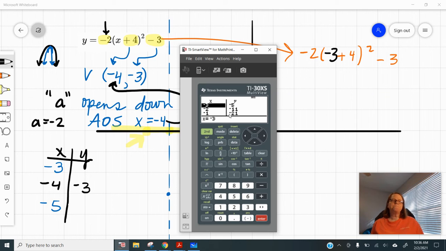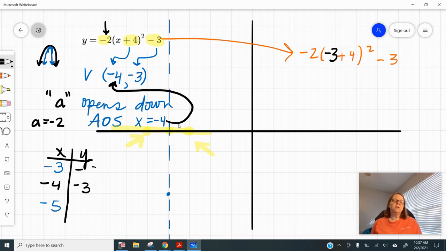And it shows me -3 is at -5. Whoops, let's put that vertex in the middle because I want you to notice something. So it says that -5 is going to be -5 and -3 is going to be -5.